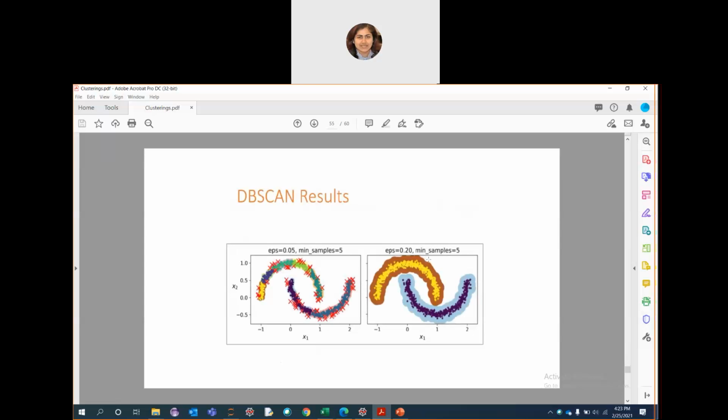If we do DBSCAN, the two most important parameters are epsilon and min samples. Assuming the epsilon may affect your results very drastically. See the difference here: we are considering epsilon at 0.05 here and epsilon at 0.20 here. See how the clustering is visible to you.